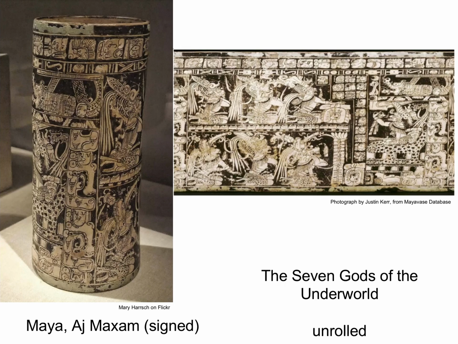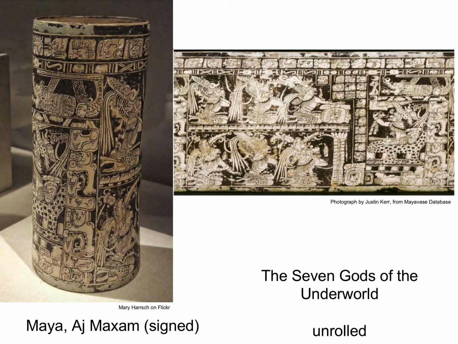Maya in Mexico. You have here the vase on the left, which is signed by the artist. The artist Aj Masham was the first and only Mayan artist to sign his work. We don't have an artist's signature in any other art form than on those wonderful pots by Aj Masham.